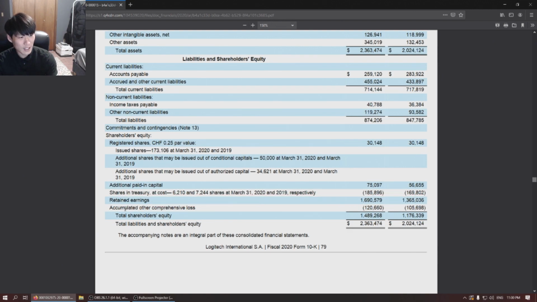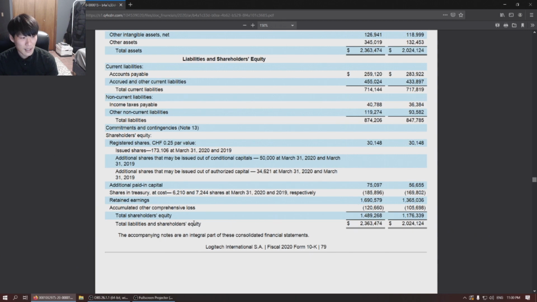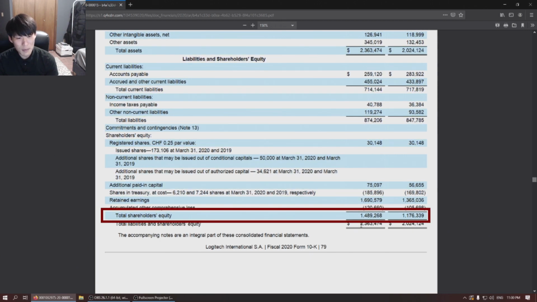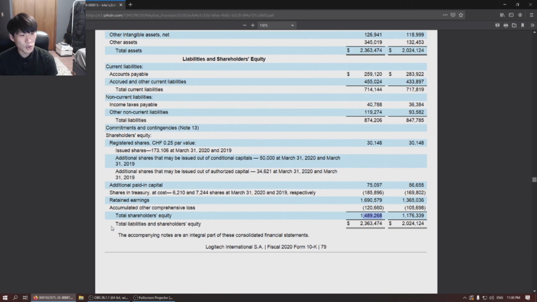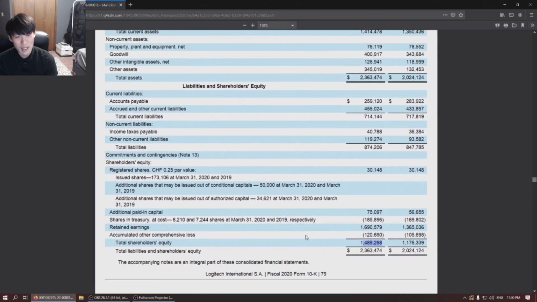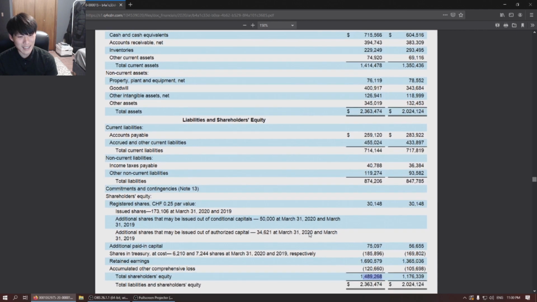The next thing is accumulated other comprehensive loss. This is a deficit from the previous year, okay? And so that's just what that means. Next is total shareholders' equity. So you take this, you minus the liabilities, you come up with this number here. And then pretty much total liabilities and shareholders' equity is the number that should match your total assets.